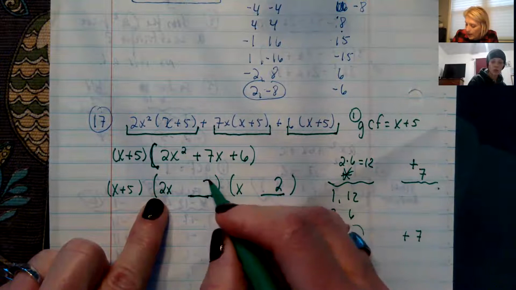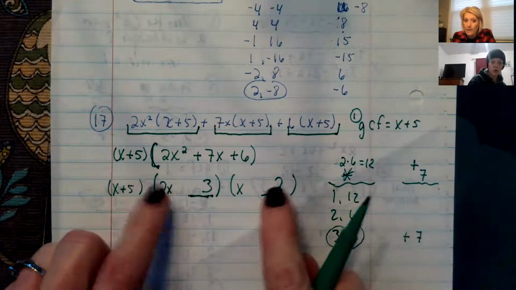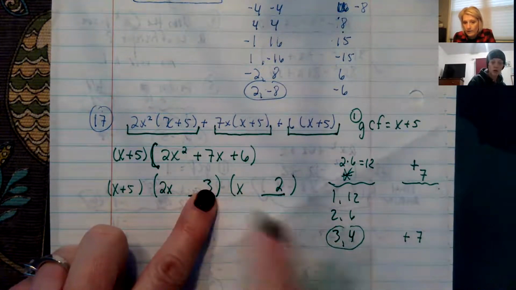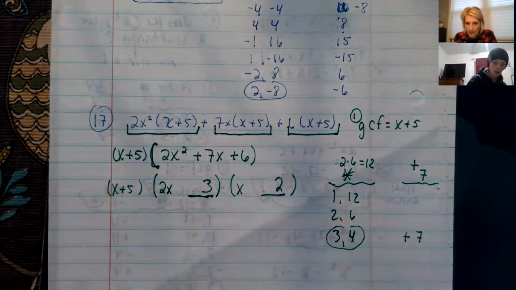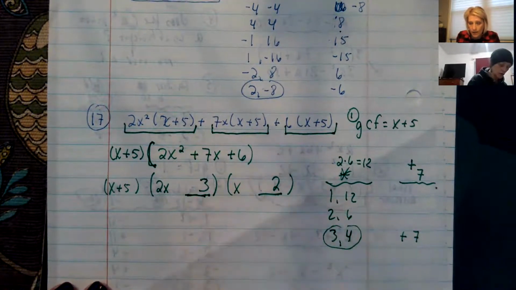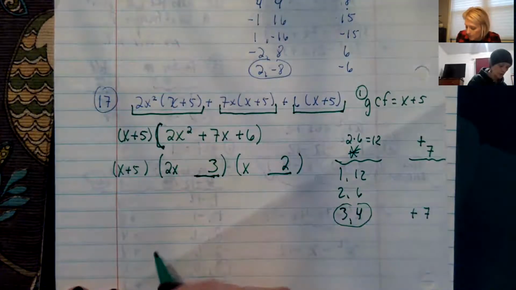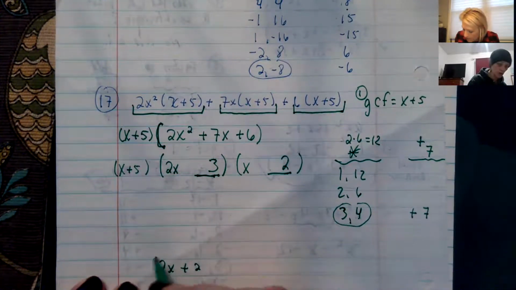And then the 3 will have to go here. And they have to go in this way because you needed the 2 and the 2 to multiply to make the 4, and then you need the 3x to make the 3.